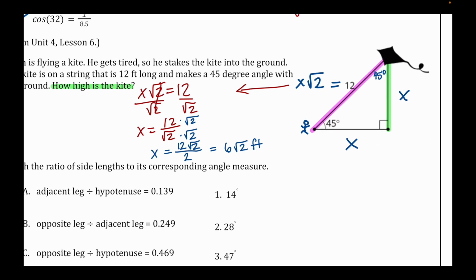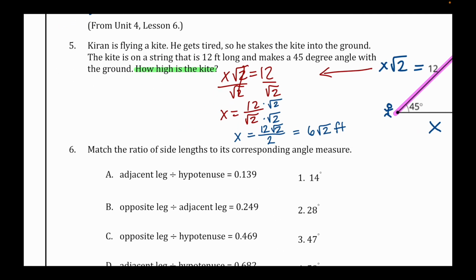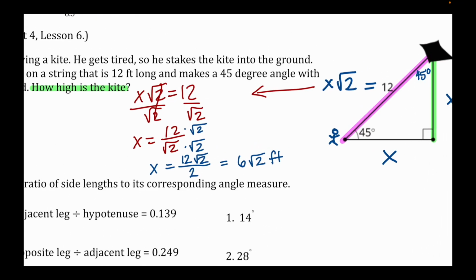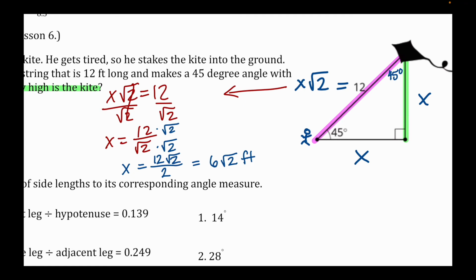But I like going back and practicing things because you're going to need to know how to do all that stuff for your test. So 6 times the square root of 2, and my calculator is going to tell me 6 root 2 because it loves to give me radicals. I press my little exchange button. So this is also 8.49 feet.